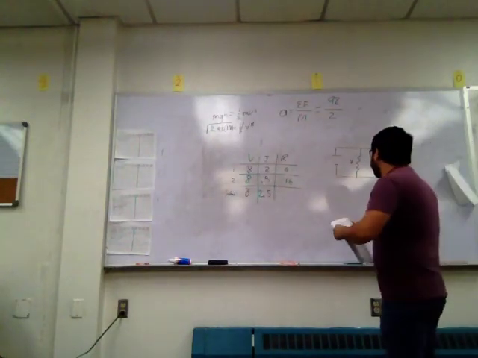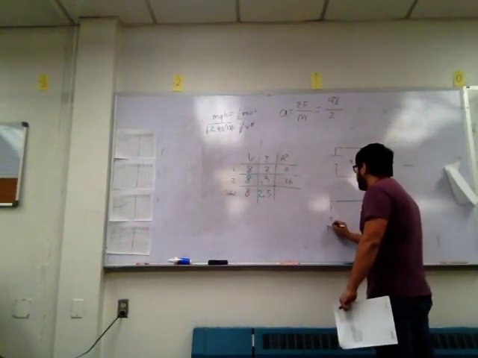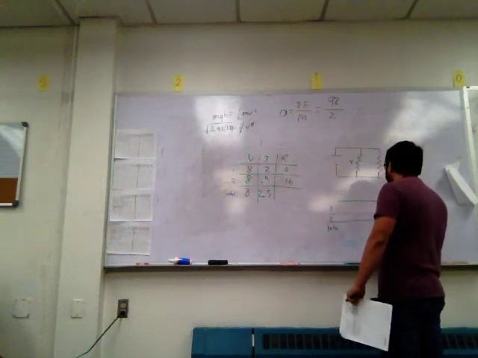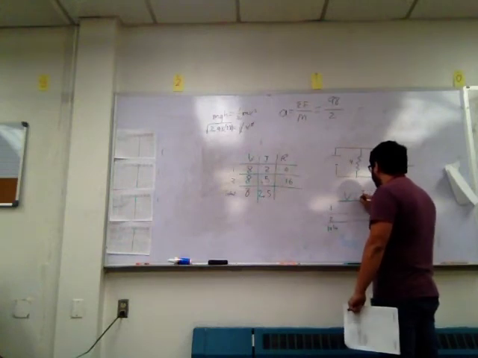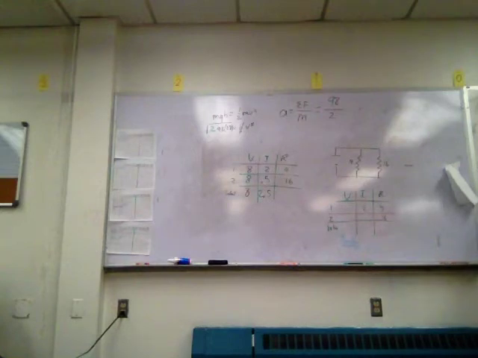This is the way I did it. I don't want to erase that work, so I'll have it 1, 2 total. 4, 16, 2. So, do I know is the current going to be bigger or smaller over here? Smaller.